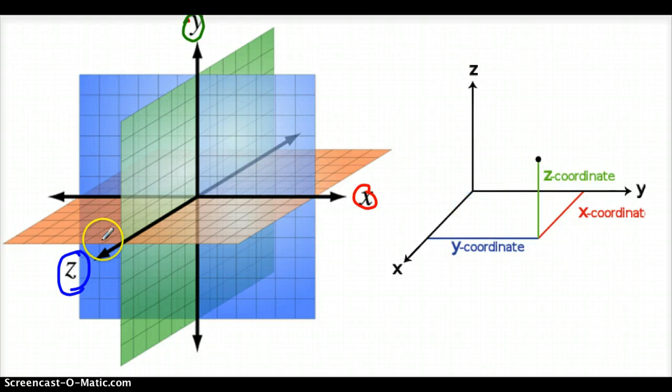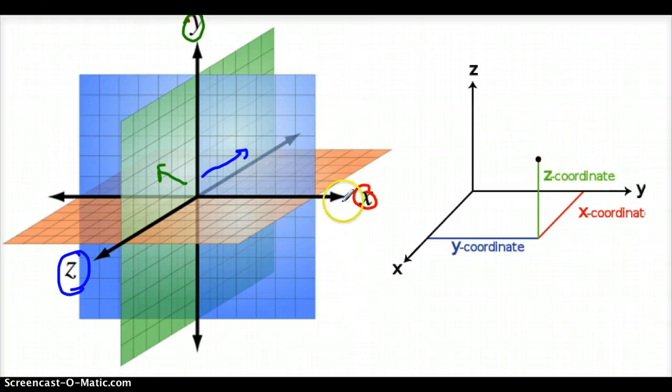So in this situation, it's like we're hanging out in this part of this diagram looking down. We're looking down on this blue section. This green section is right in front of us over here.